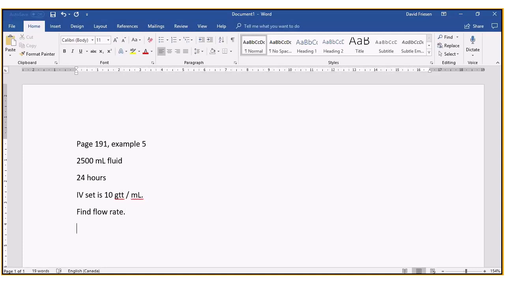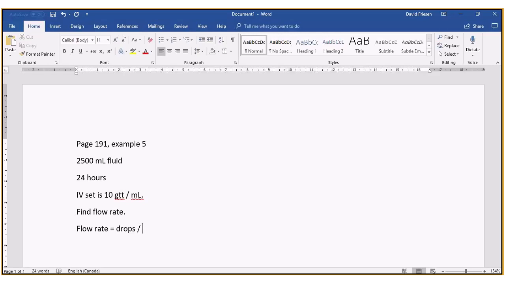So there's the data. And I would start by looking at the flow rate and ask yourself, what units would flow rate be in? Typically, flow rate is in drops per unit of time.